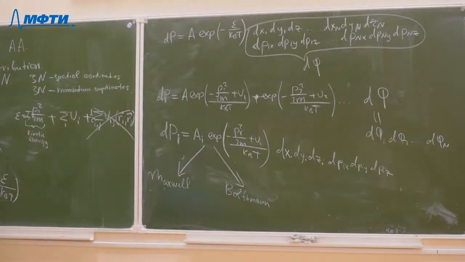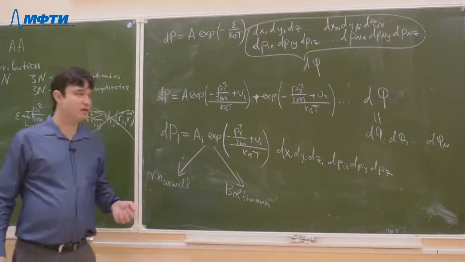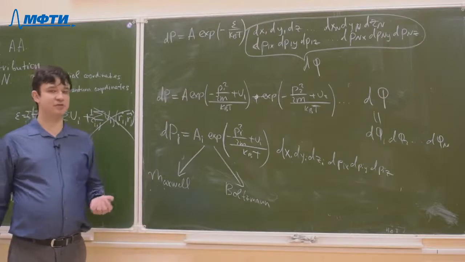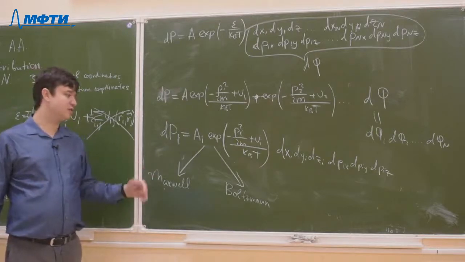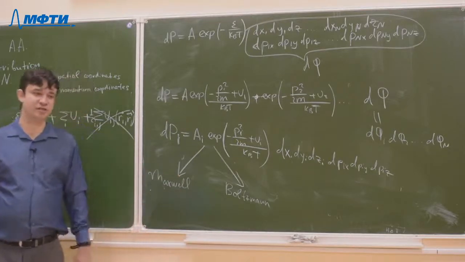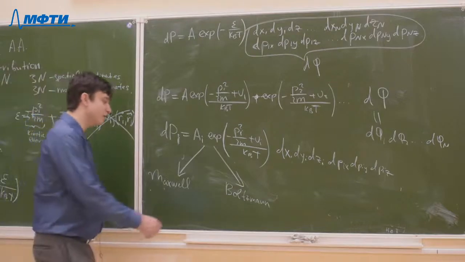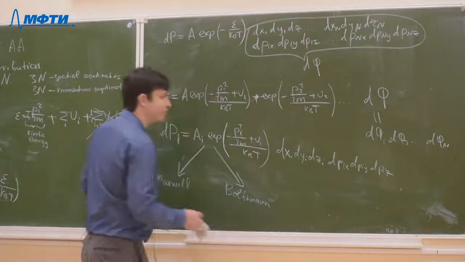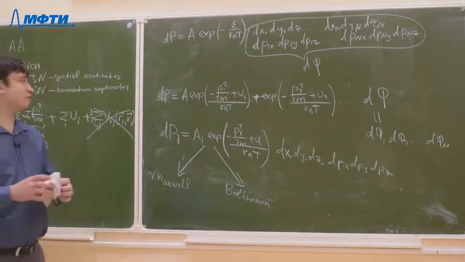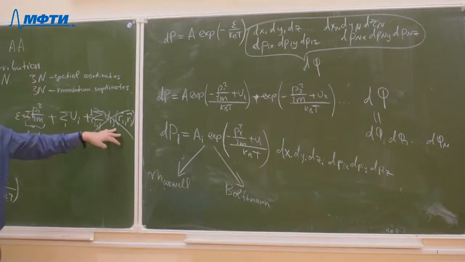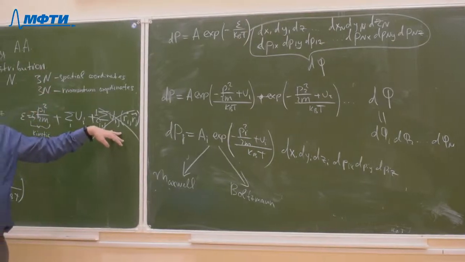So you see that the Gibbs distribution that I have introduced previously is indeed a more general type of distribution, which includes the Maxwell and Boltzmann distributions as simple particular cases which are valid for the ideal gas. So that means that molecules don't have mutual interaction with each other.